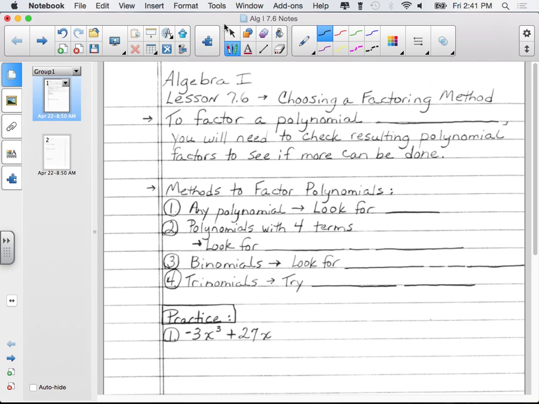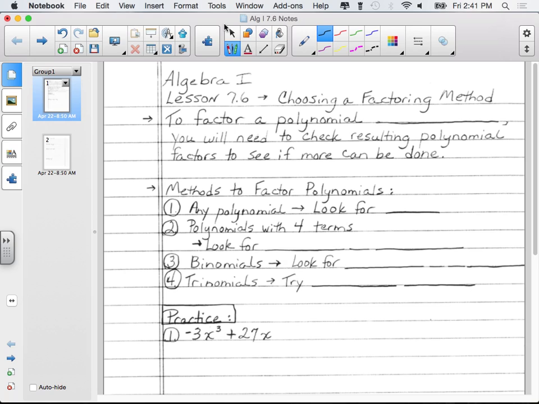Alright, so today, learning goal is I can factor polynomials completely. And what that means is that when we are given a polynomial, sometimes when we factor that, we get two factors. One of those factors can also be factored.